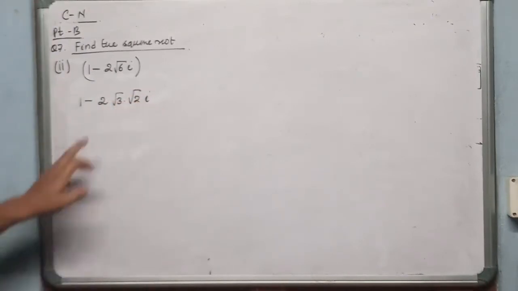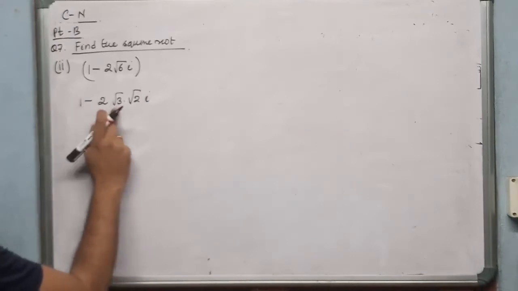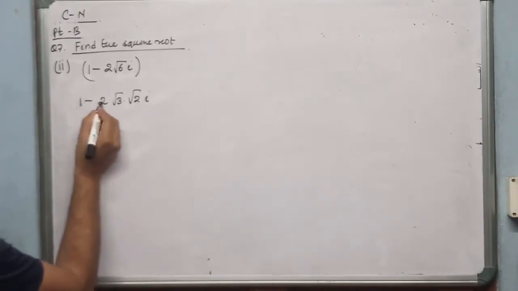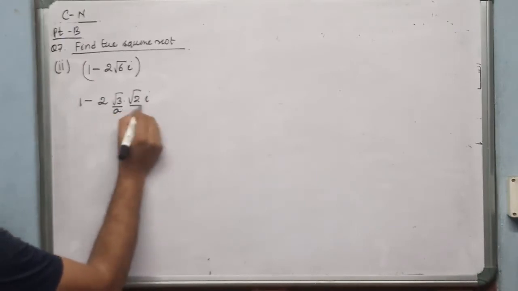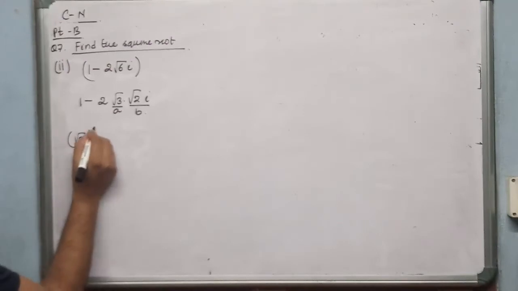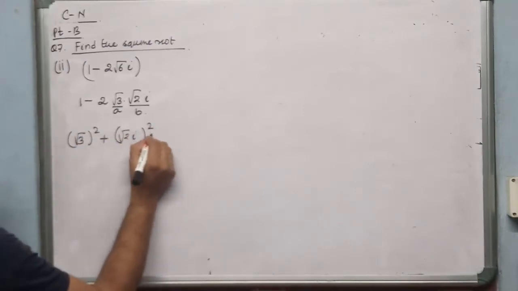Now we must have 2ab form. Which quantity is a and which is b, you have to decide yourself. I'll consider root 3 is a and root 2i is b.